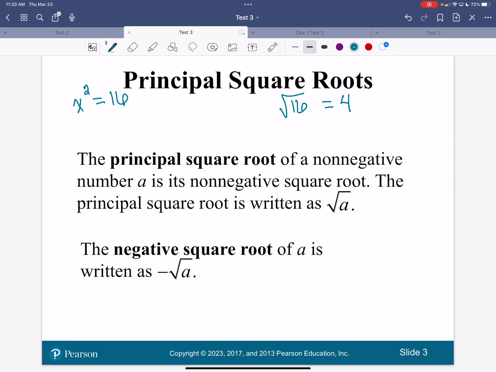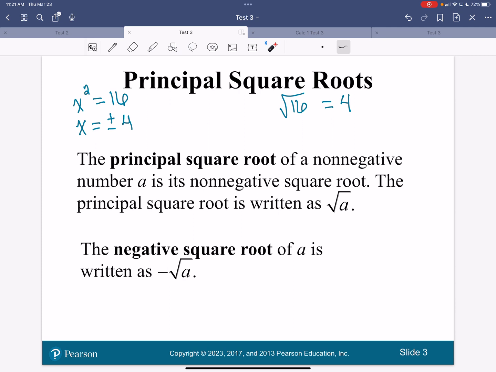For x squared equals 16, x could be plus 4 or minus 4. That's different than just taking the square root of 16. The square root of 16 is only the positive value. But when I have x squared equals 16, that's when I need to talk about the positive and the negative.